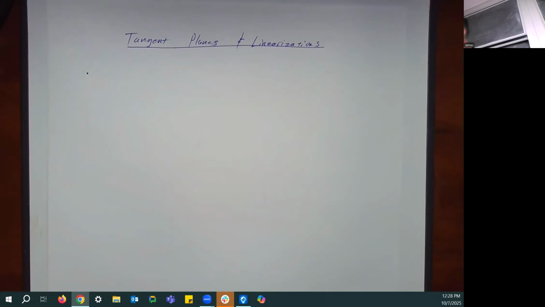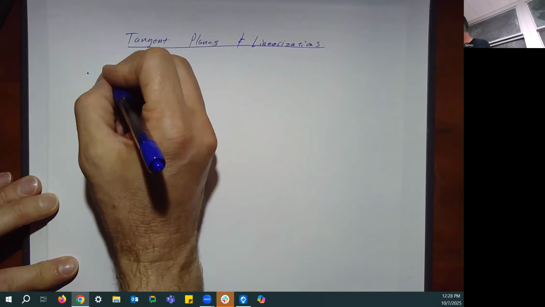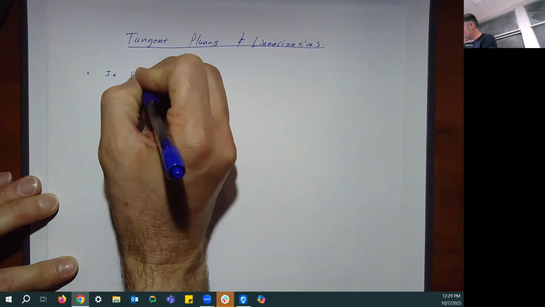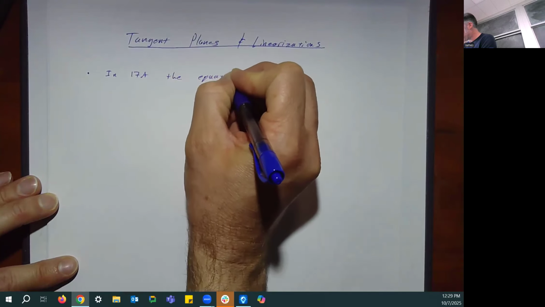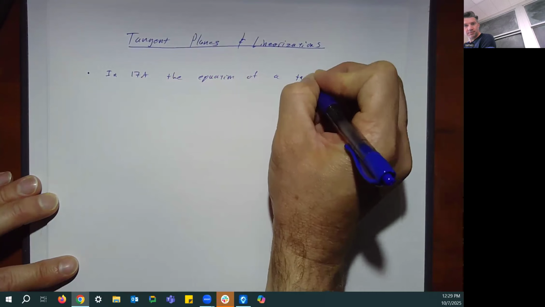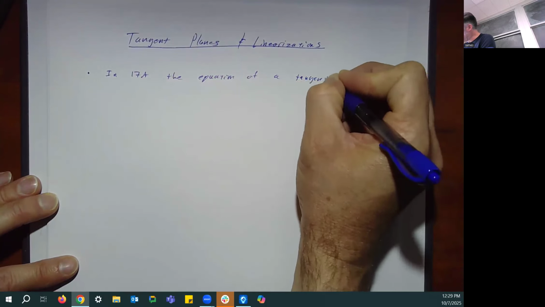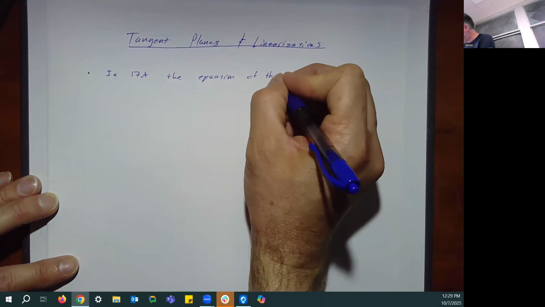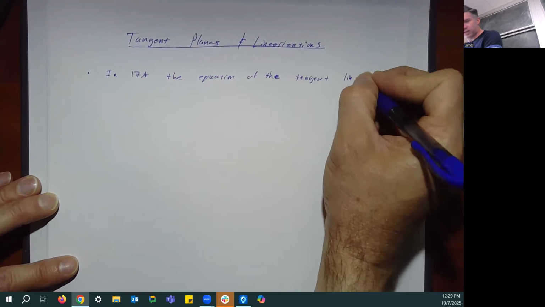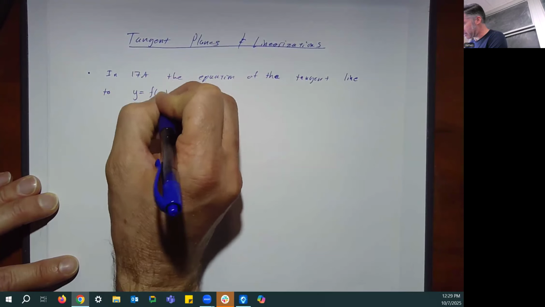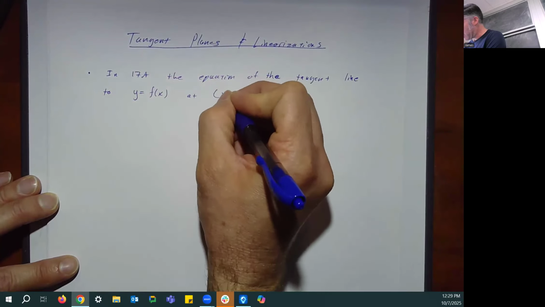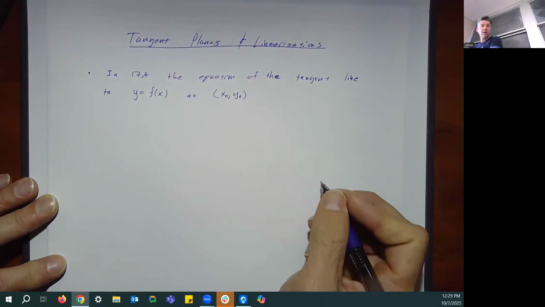Reminder, in 17A, the equation of the tangent line to the function y equals f of x at the point x naught, y naught.